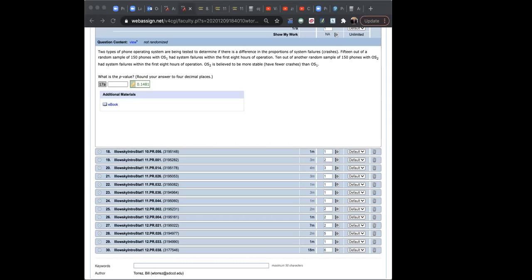And notice that the counts are given here, right? So here is OS1, 15 failures out of the 150, OS2, 10 failures out of the 150, and you calculate your z-stat, and there it is right here, okay? And again, round your answer to 4 decimal places, and your rounding would give you 1.0.